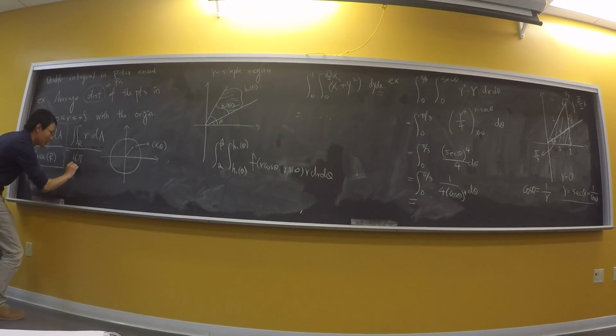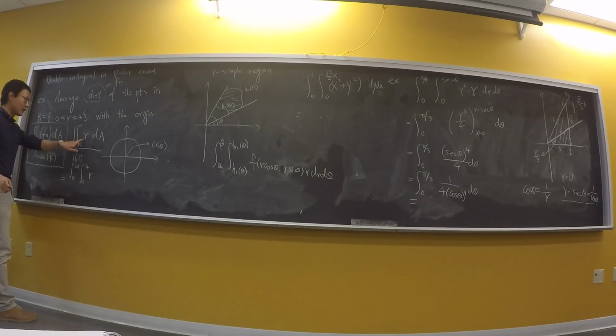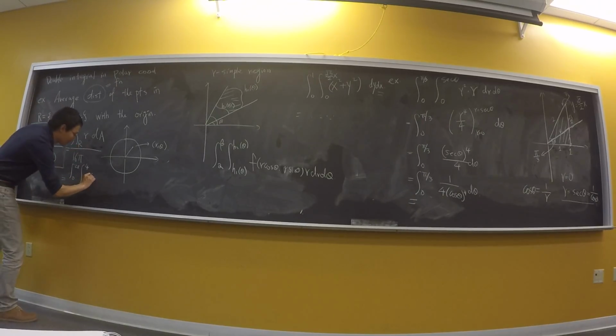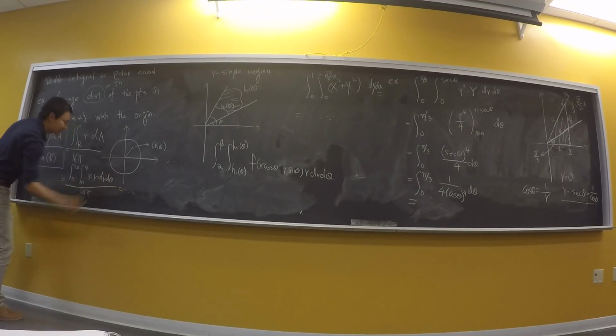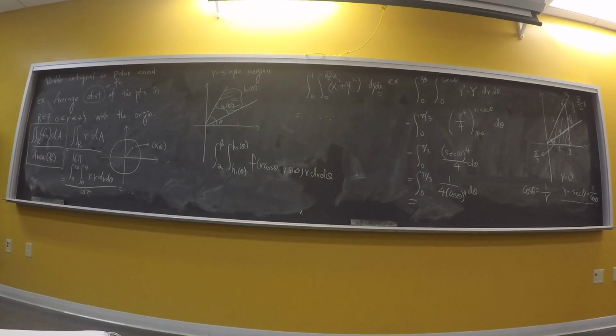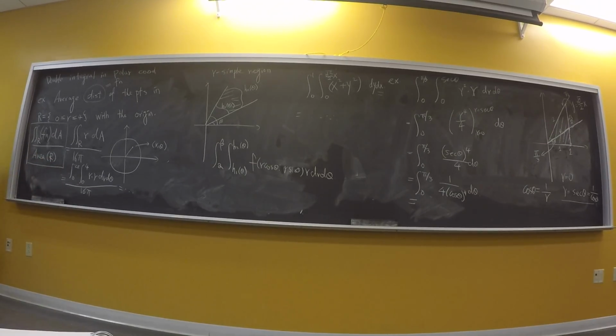So it's from 0 to 2 pi, from 0 to 4. r is my integrating function, but also I have one additional factor coming, r dr dθ, and then divide by 16 pi. You can do the following. So this one is the integral of polynomials, and then divide by 16, you'll be able to find the average distance. Now I want you to guess what the average is.